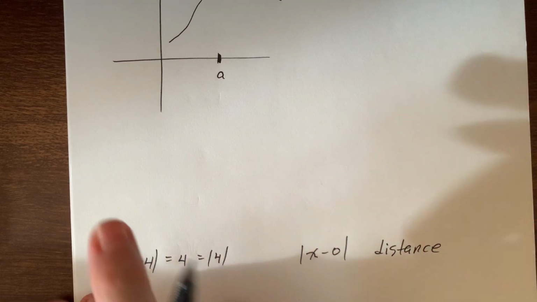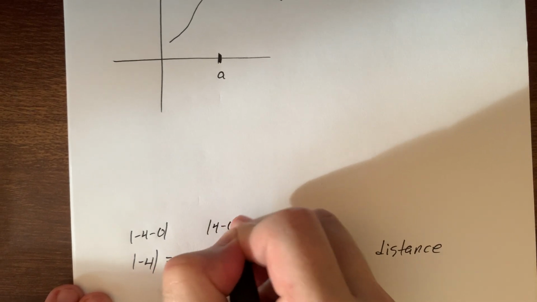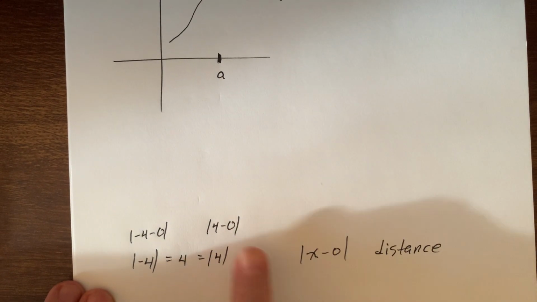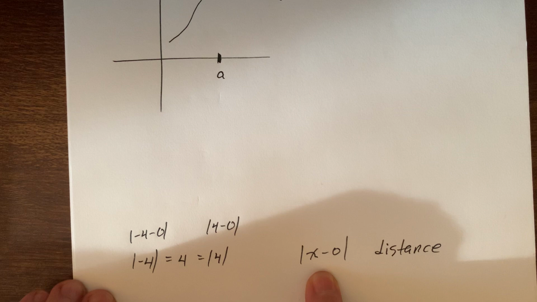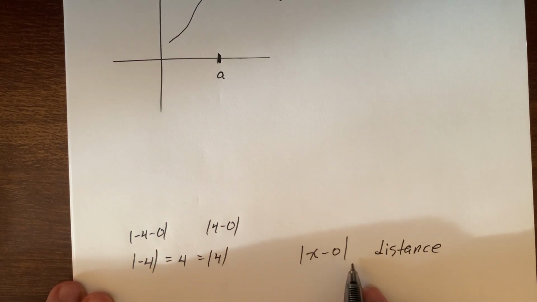I could think of minus 4 as minus 4 minus 0, and 4 as 4 minus 0, so both satisfy this, and literally the absolute value of x minus a is the distance between x and a.